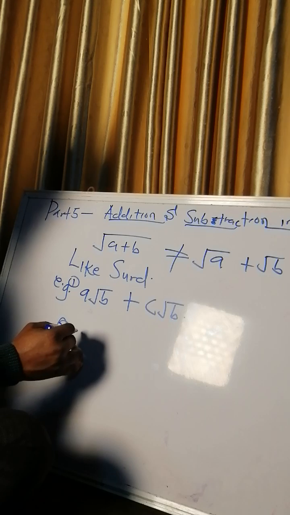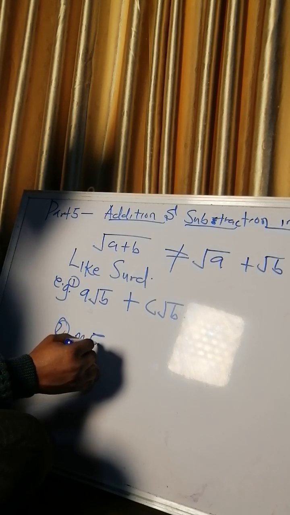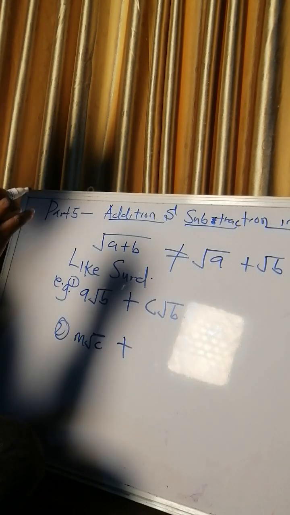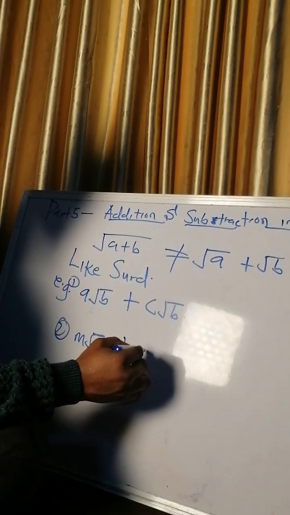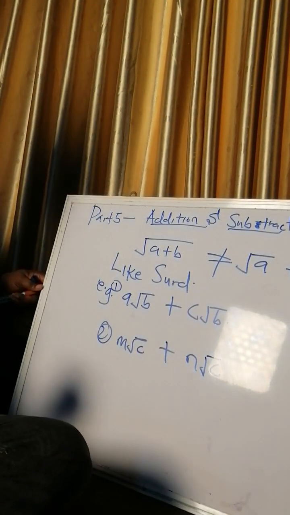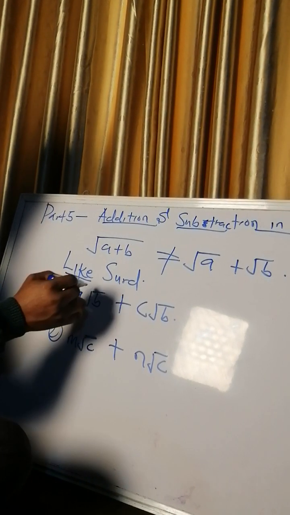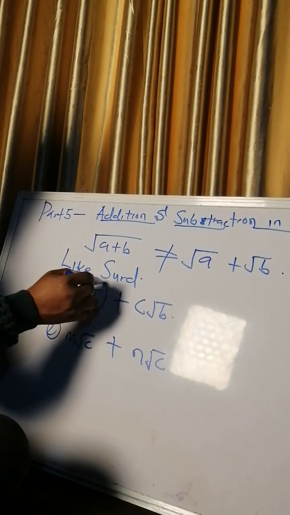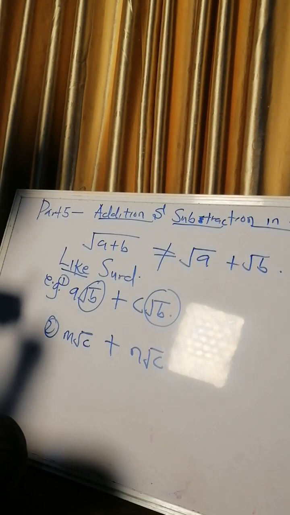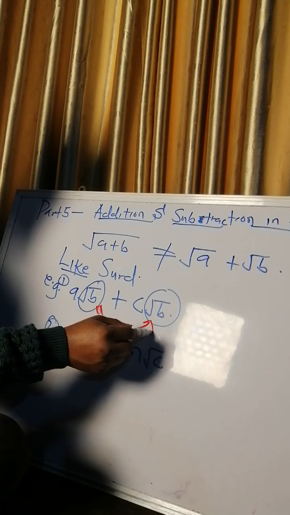Example number 2, if you have, let's say, m square root of c, before you can add them together, you must have, let's say, n square root of c. So what is the like sort that I'm talking about here? I'm talking about these. That is the meaning of like sort.